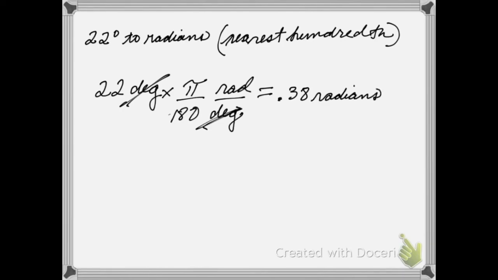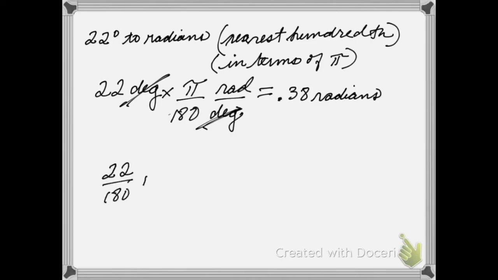Now I could have said, instead of to the nearest hundredth, convert to radians, and then it could have said in terms of pi. If that were the case, then I would have done 22 over 180 pi radians. And then I would have wanted to simplify this 22 over 180. I might do it just simplifying it as much as I can with the exact values.